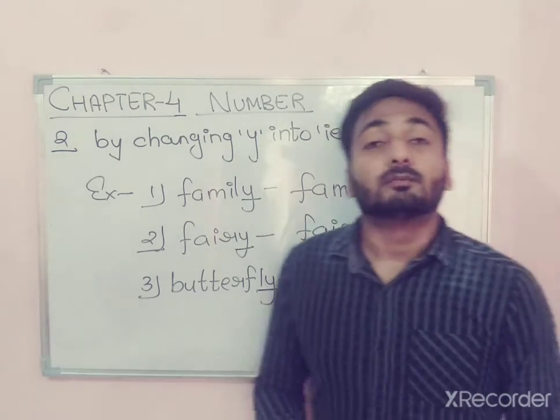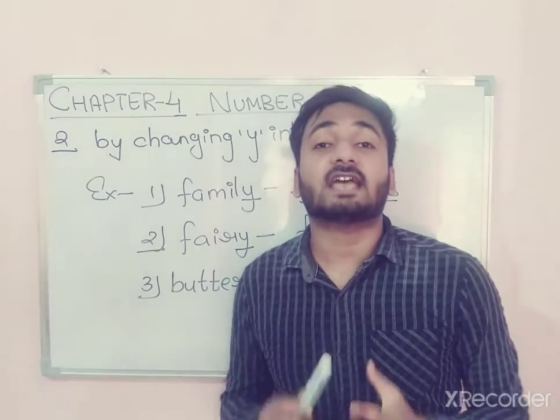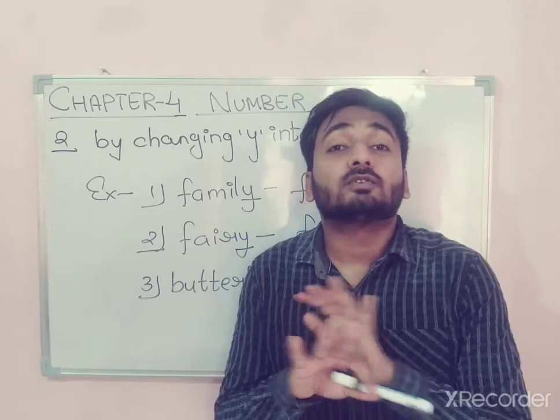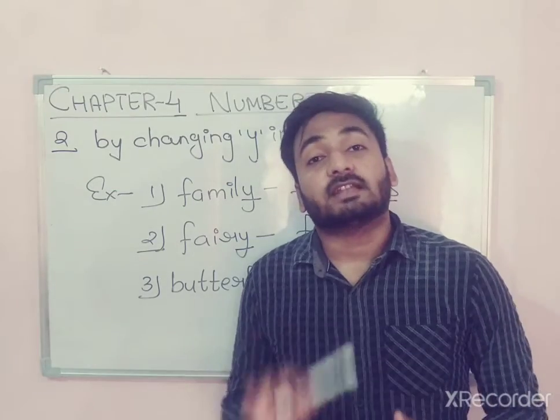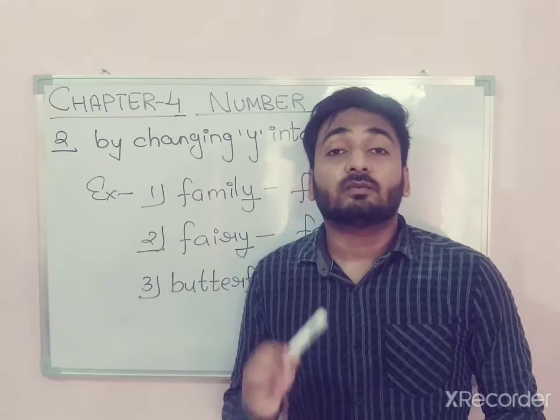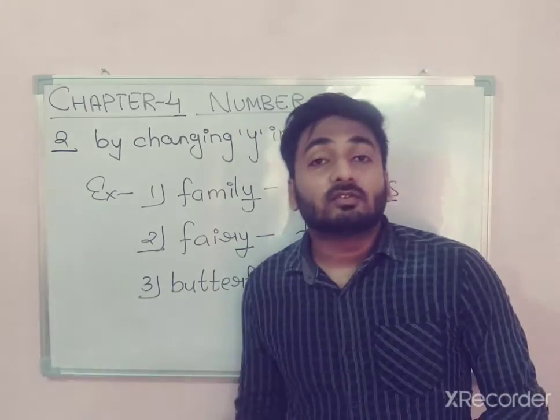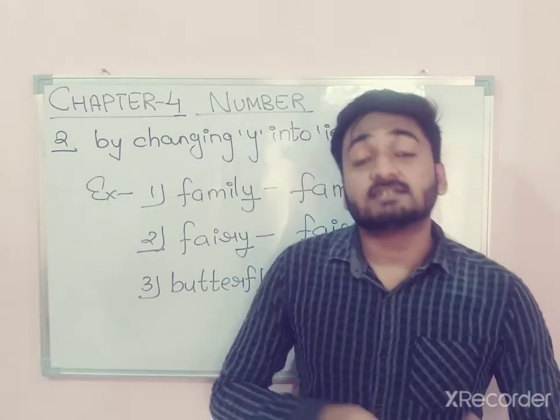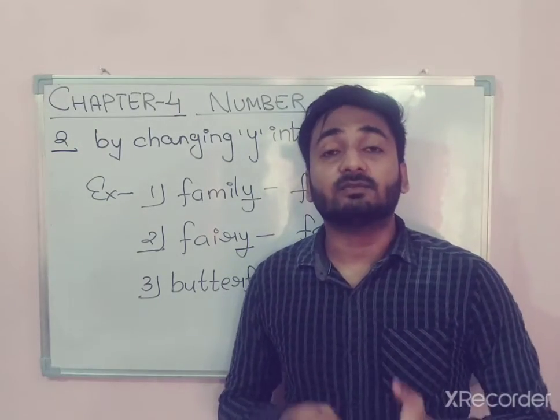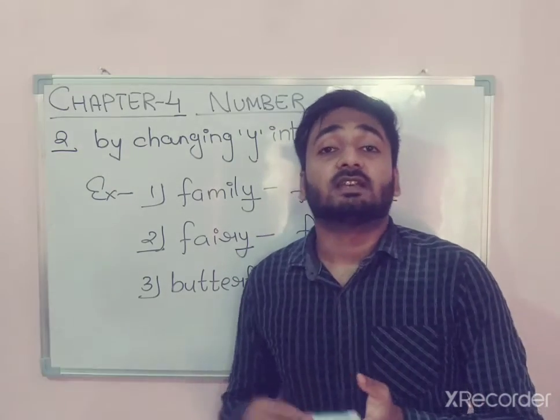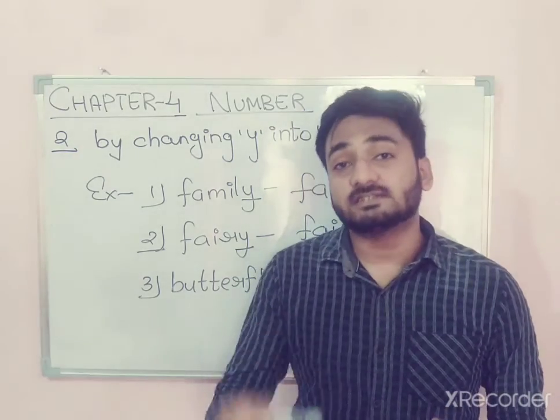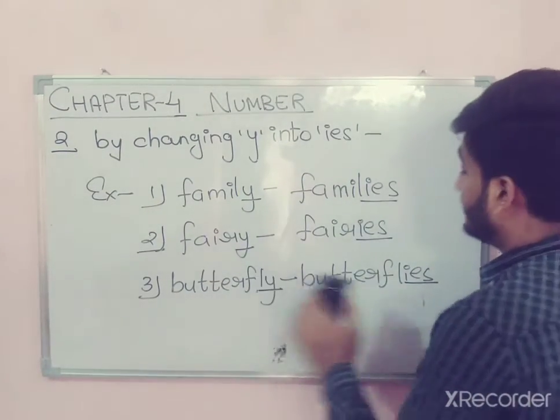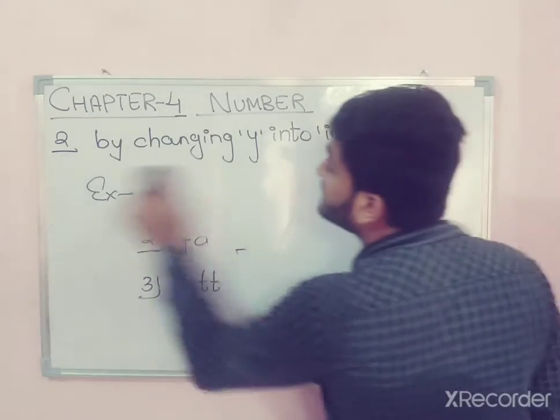Okay, but there is an exception. Exception means when the rule doesn't follow. There is an exception where we don't change y into ies when before the y there is a vowel. That means when a noun is ending with letter y and before y there is a vowel, then we don't change y into ies. Let me show you some examples.